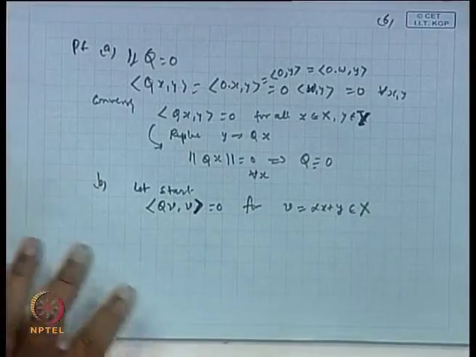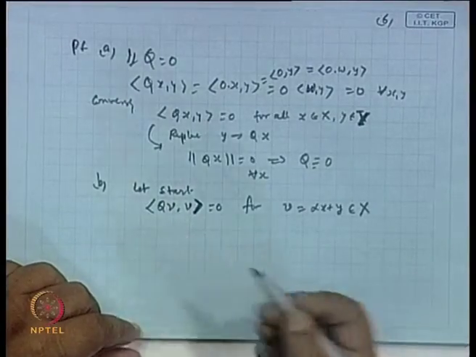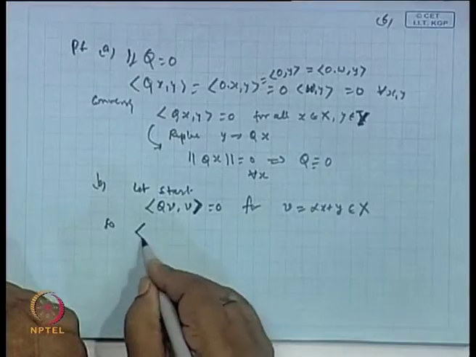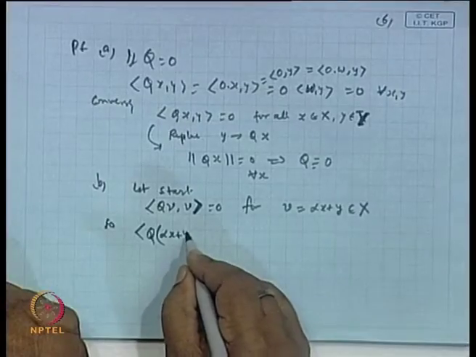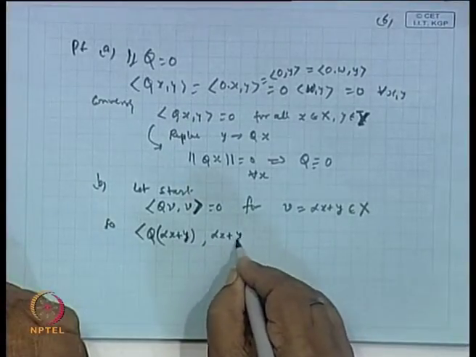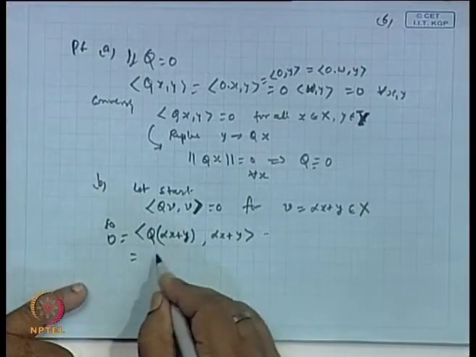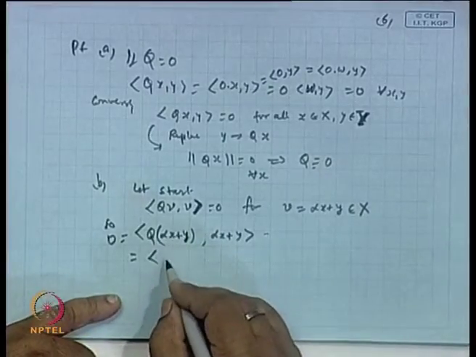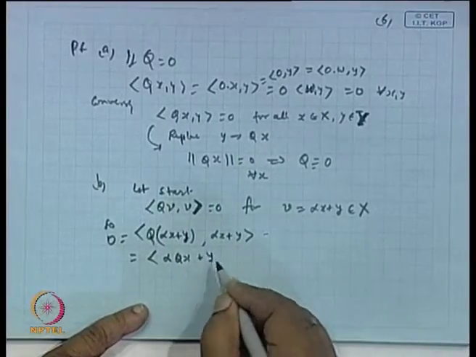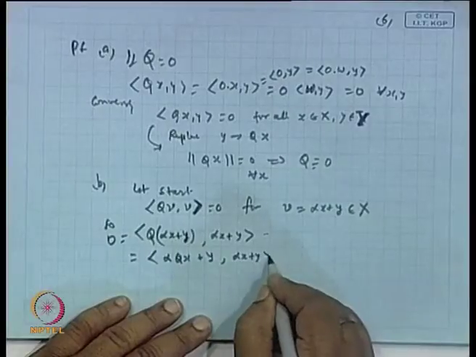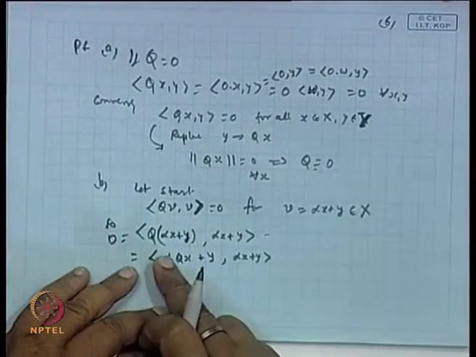So, the linear combination belongs to it. Now, we get the inner product of Q of alpha x plus y, comma alpha x plus y, is 0. And this will be equal to the inner product of alpha times Qx plus Qy, comma alpha x plus y, because Q is a linear operator.